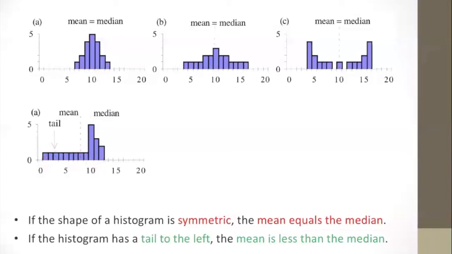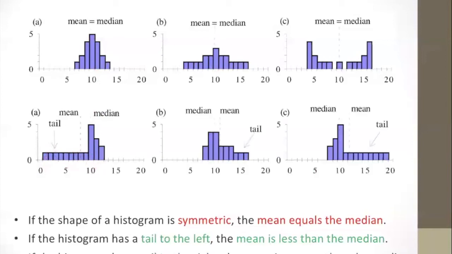So the mean is going to be smaller than the median when we have a tail, when we have outliers to the left. And looking at the flip side of that, these last two histograms have tails to the right, meaning most of the values are here on the left side, but there are some extreme values over towards the right, this being an even more extreme tail than the previous one. So in these cases, we have large valued outliers.